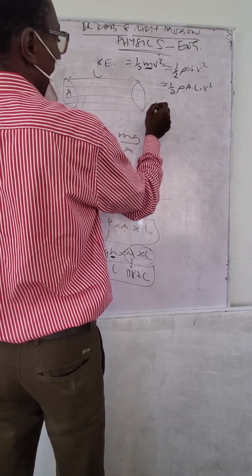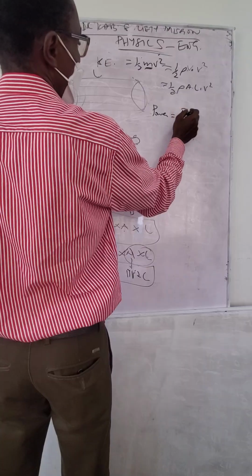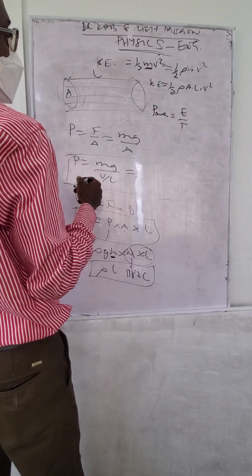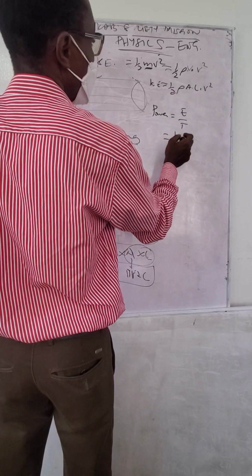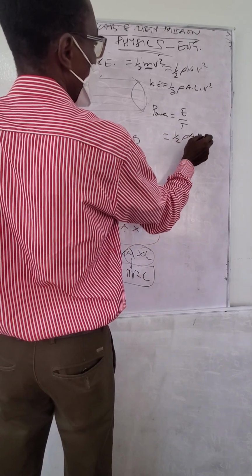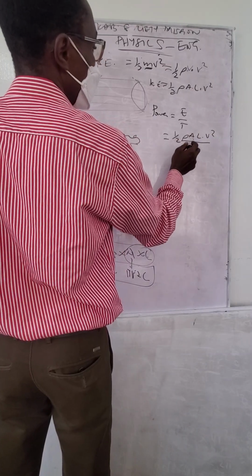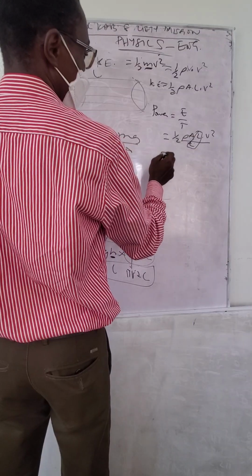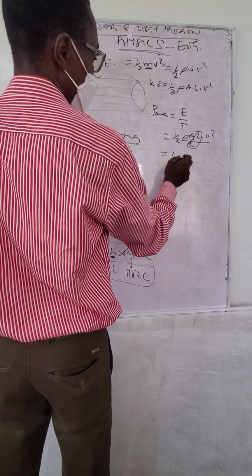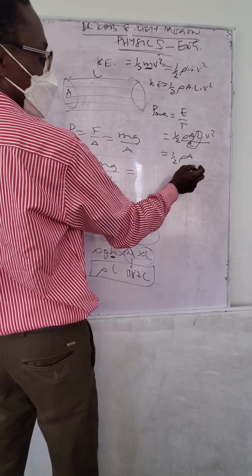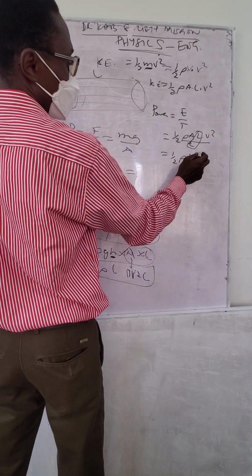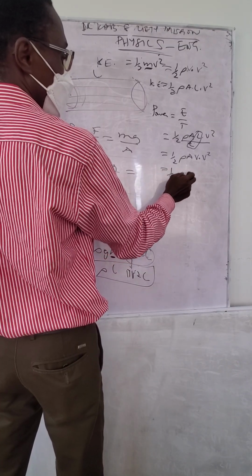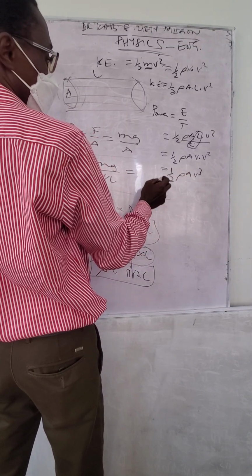Now let's say we want power. The power is equal to energy over time. It is moving with the kinetic energy, so this is the same as half rho A L v squared over T. L over T is also v. So that gets us half rho A v to the power 3.